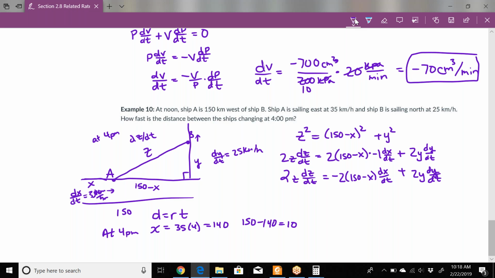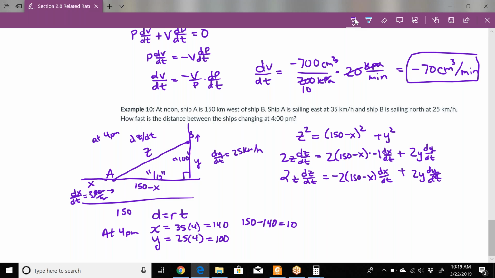So this side right here is 10 in this specific instance when we've had our 4-hour time lapse. And then y is traveling at 25 kilometers per hour, so that's 25 times 4 hours, so that's 100. So that means this guy is 100.